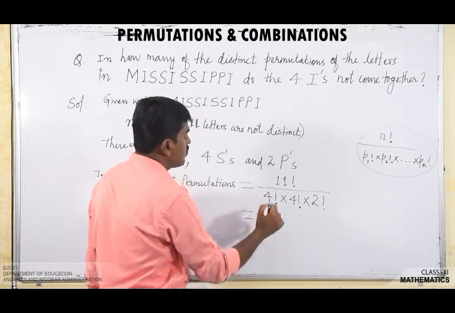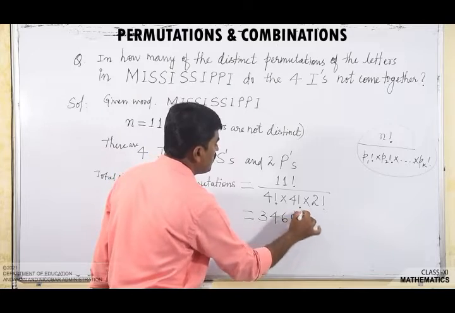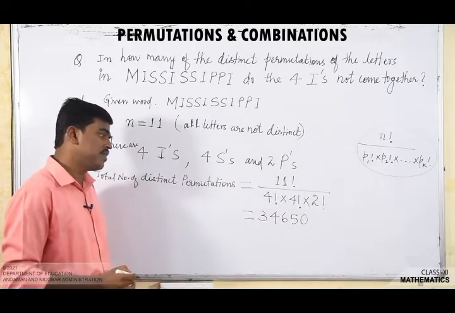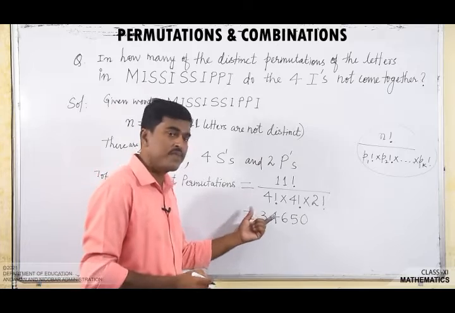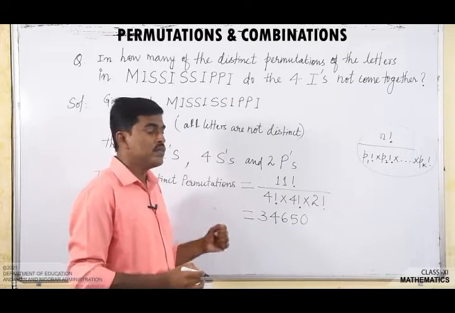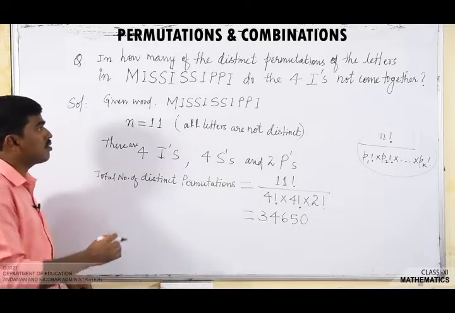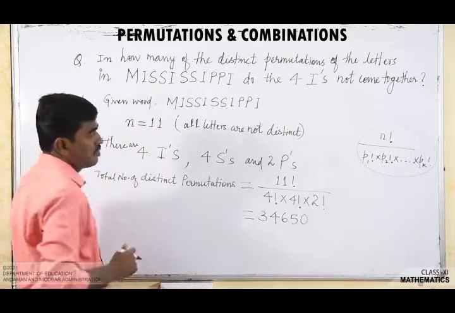If we simplify this, we will get the value 34,650. This is the total number of distinct permutations of the letters of the word Mississippi.